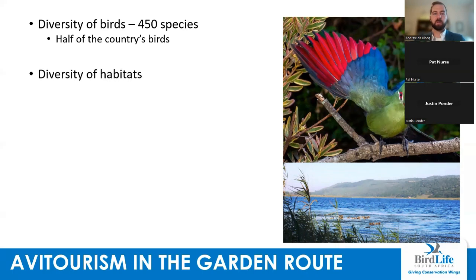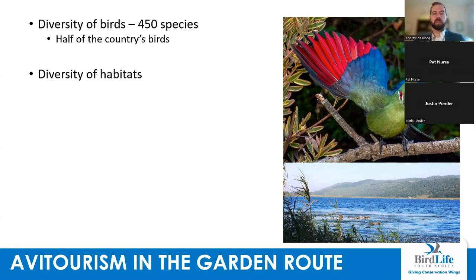If you think of the difference in the landscape between that lush coastal forest belt along the Garden Route, to the Langeberg and the Swartberg mountains, and then in between that dry, arid Klein Karoo, and everything in between, from urban to agriculture to grasslands to fynbos, there's really an incredible diversity of habitats on offer.